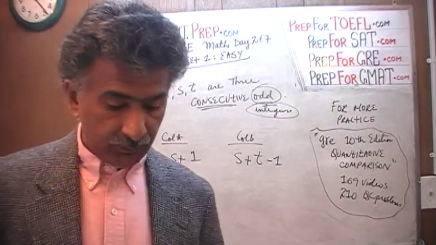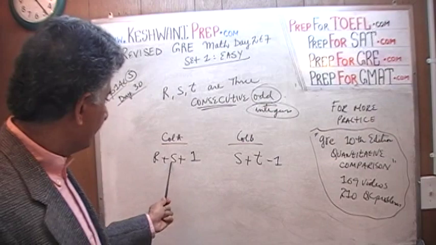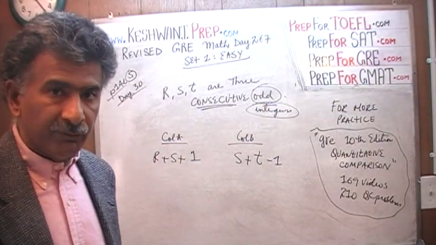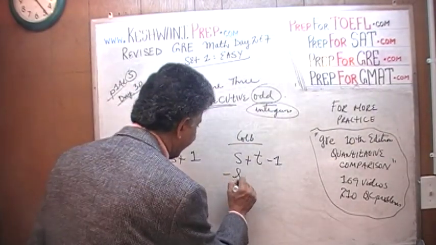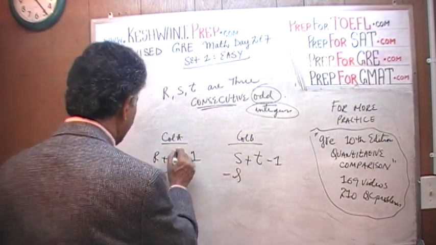The very first thing we should notice is that S appears in both columns. Since S appears in both columns, if we were to subtract S from both columns, S drops out.